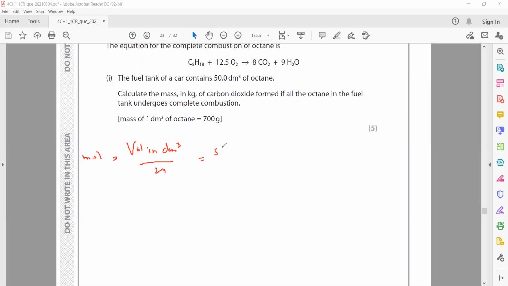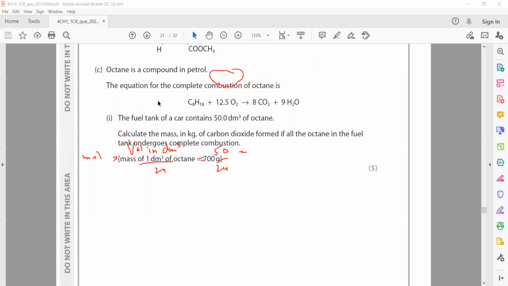So moles of octane will be 50 divided by 24. After getting the moles of octane, we will use the mole ratio. The fuel tank contains 50 dm cube, but this is octane in a liquid state.